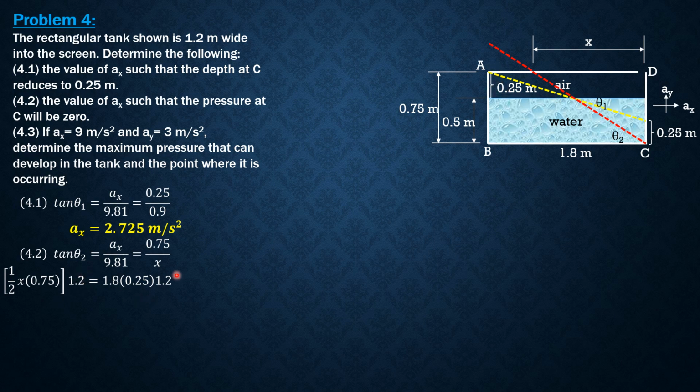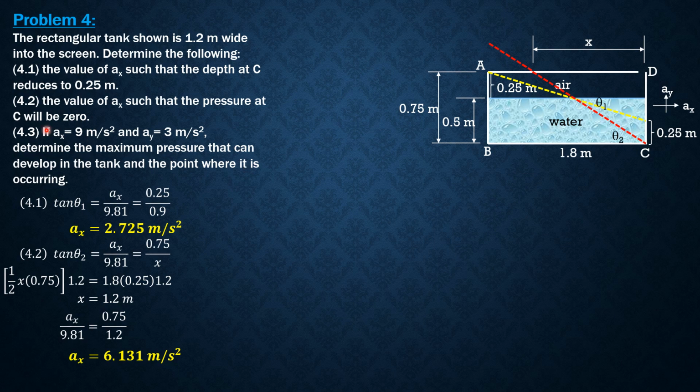So we can cancel 1.2. So instead of volume, we can use area instead. So x is equal to 1.2 meters. Solving for A sub x in this equation, A sub x over 9.81 equals 0.75 over 1.2. So A sub x is equal to 6.131 meters per second square.